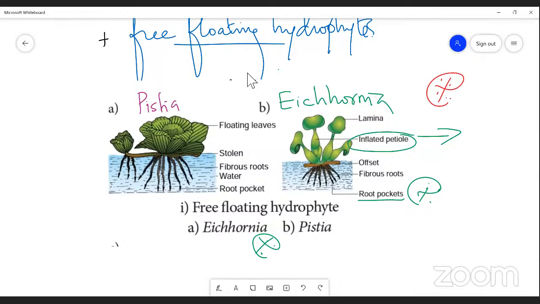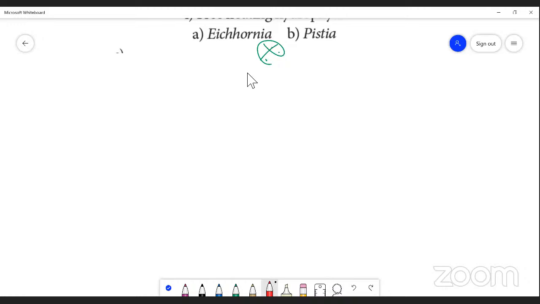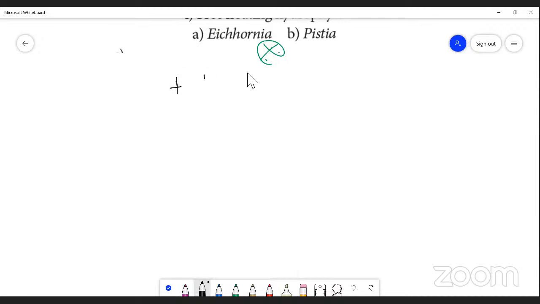So free floating is over. The next one is rooted floating. I'm talking about rooted floating.